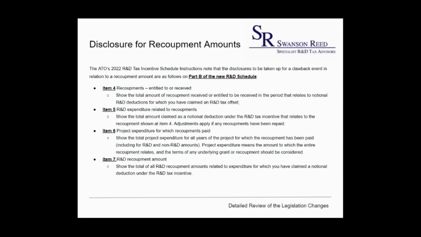Project expenditure means the amount to which the entire recoupment relates, and the terms of any underlying grant or recoupment may need to be analysed. At Item 7, R&D recoupment amount, show the total of all R&D recoupment amounts related to the R&D expenditure which the company has claimed an R&D tax offset for.